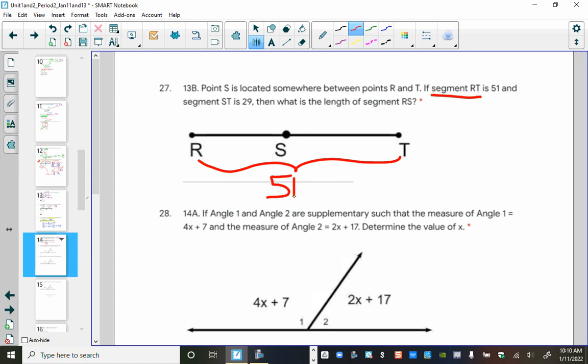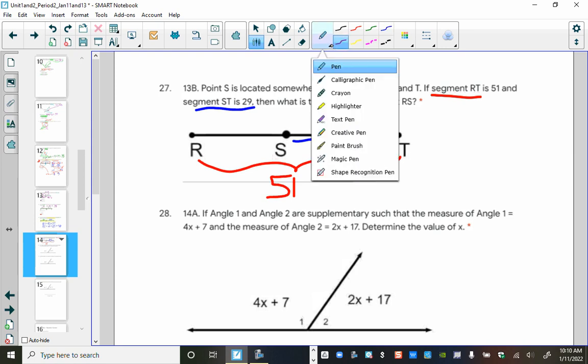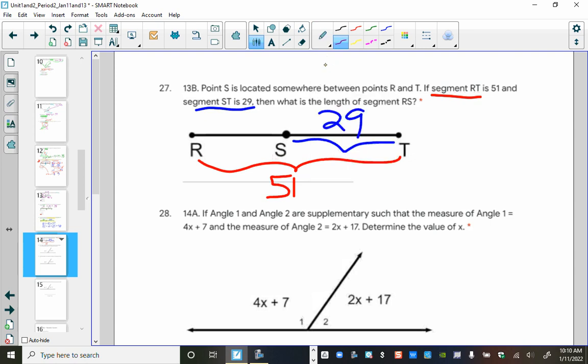And they also said ST is 29. What are we trying to find? Which one? What are we trying to find in this case? RS. This area here. That's what we need to find.